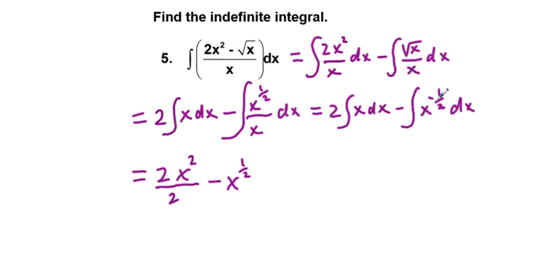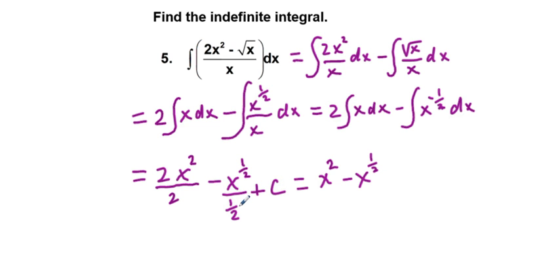And we're going to divide by what we bumped up this power to, which is 1/2, plus our constant of integration c. And this 2 over 2 cancels, equals 1, so we have x squared minus x to the 1/2.